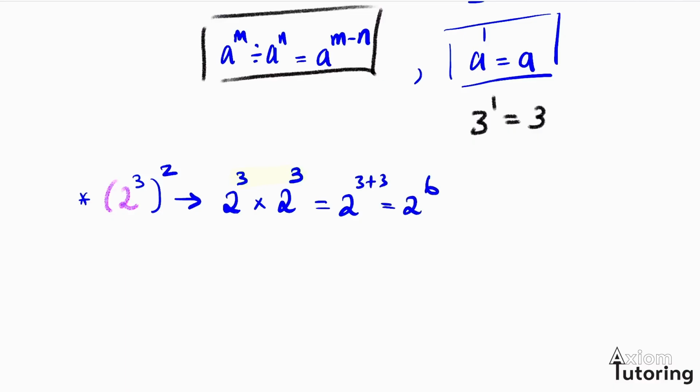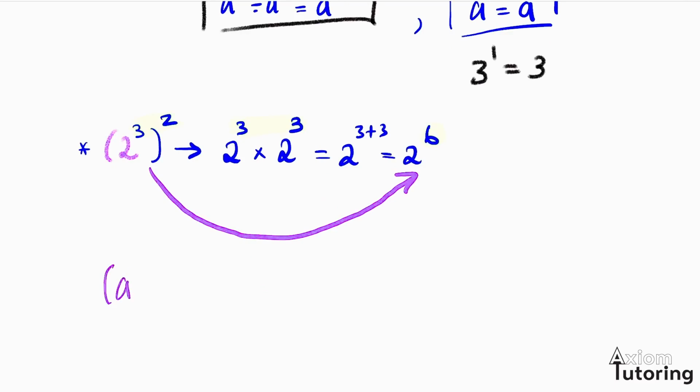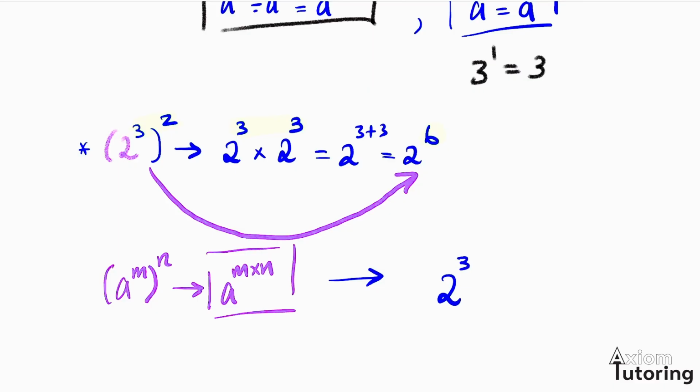But could we have gotten there quicker? 6 is just 3 times 2. So when you raise a power, a to the m, to another power, n, you multiply those powers together, a to the m times n. Let's look at another example. 2 to the power of 3 raised to the power of 3.